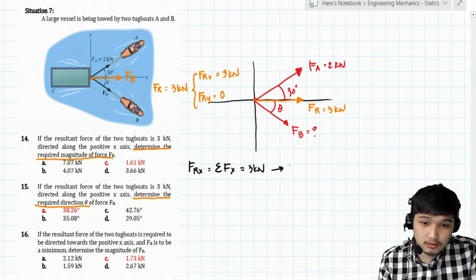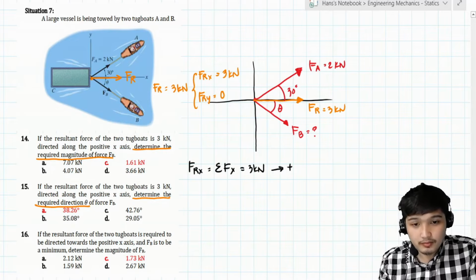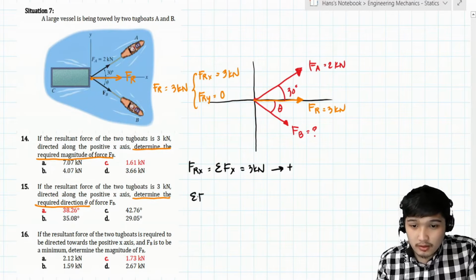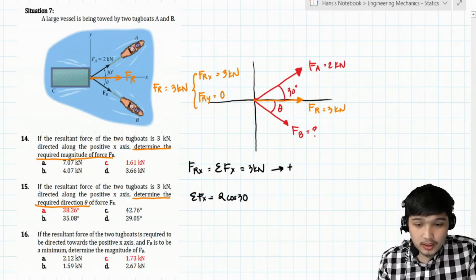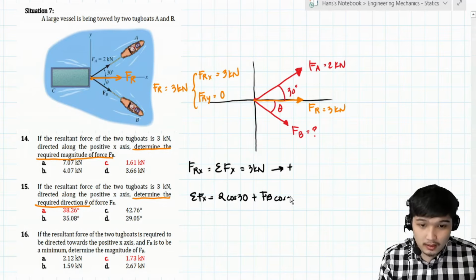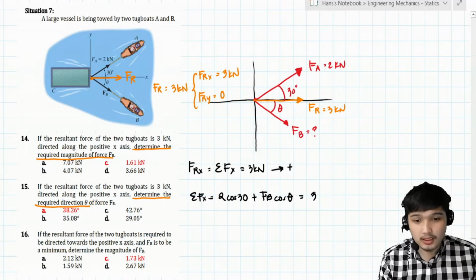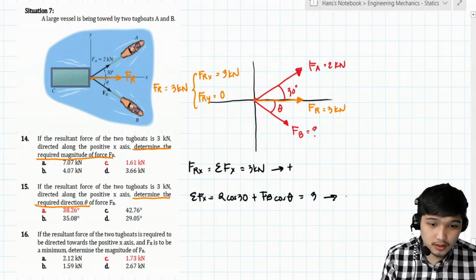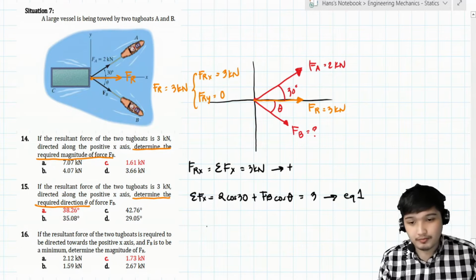So consider forces to the right positive. So that is summation ng force along X. So yung FA is 2 cosine of 30 plus FB cosine of theta. So dapat equal siya sa 3. So we have here equation 1.